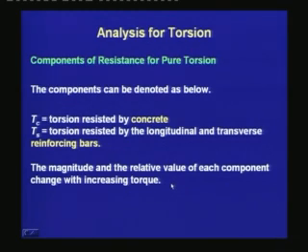That means, when a beam is resisting the torsion, both the concrete and steel take part in resisting it. The concrete takes the component denoted as Tc. The steel reinforcing bars take the component denoted as Ts. And in the space truss, both the concrete struts and the steel ties perform together to resist the torsion.